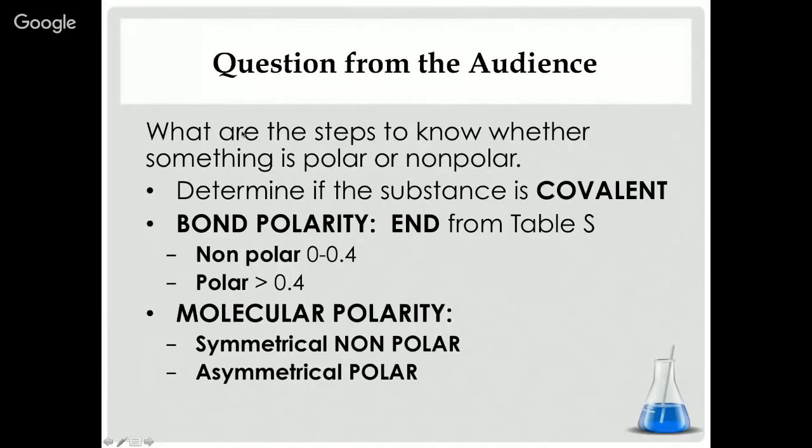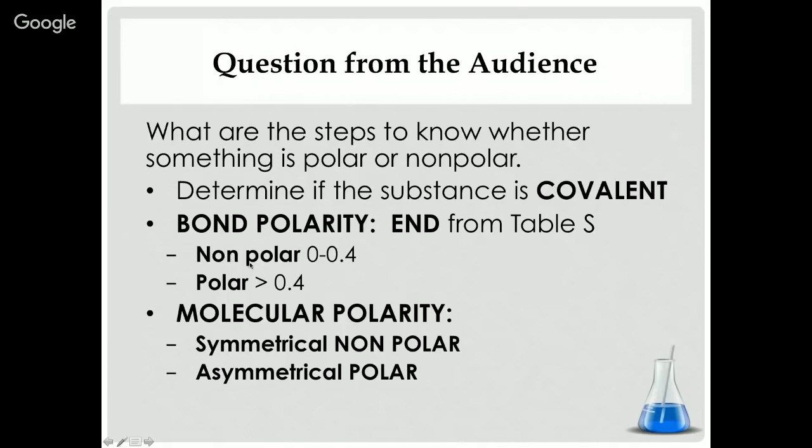So very, very quickly, the first thing you do is determine if the substance is covalent. That's non-metal, non-metal. If it's covalent, then we look and see in the wording, are they asking about bond polarity or molecular polarity? So look for those keywords, bond or molecule. If it's bond polarity, that's between atoms in the covalent compound.